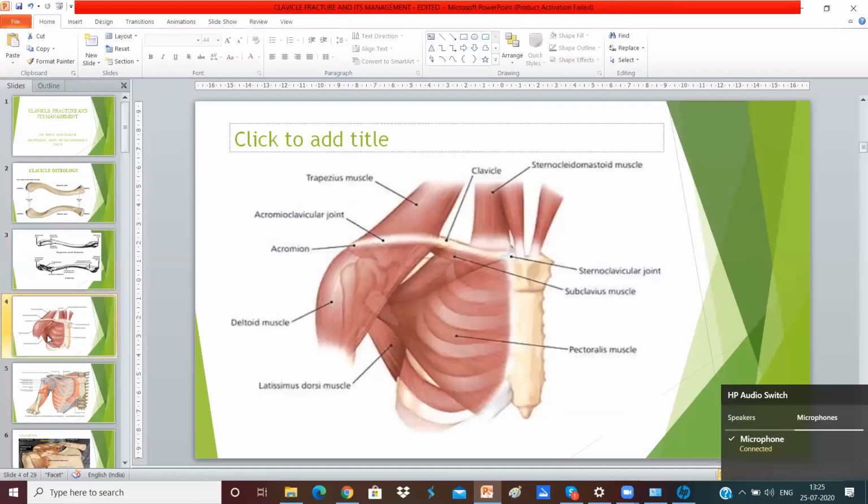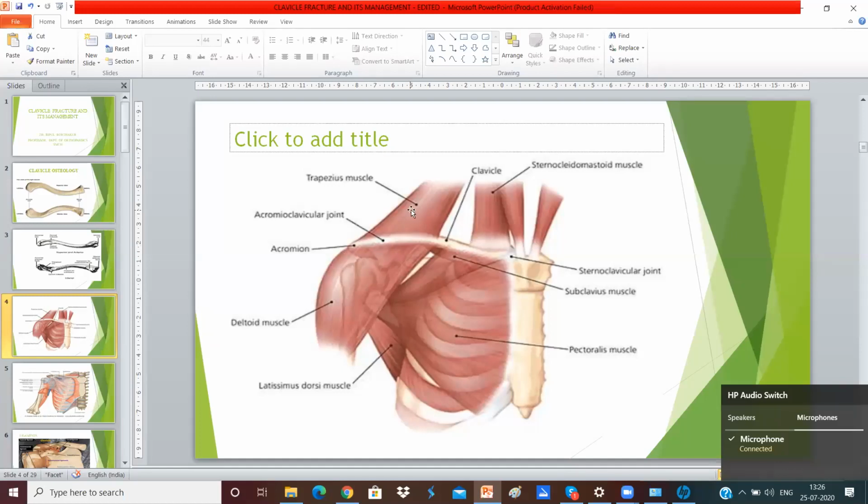So next, let us talk about the attachment of the various muscles. We have so many muscles working around the clavicle. The trapezius has its attachment at the medial border of the acromioclavicular arch. This is a very strong muscle attached there. This is the insertion of trapezius. And on the outer margin of the acromioclavicular arch, we have the deltoid muscle.